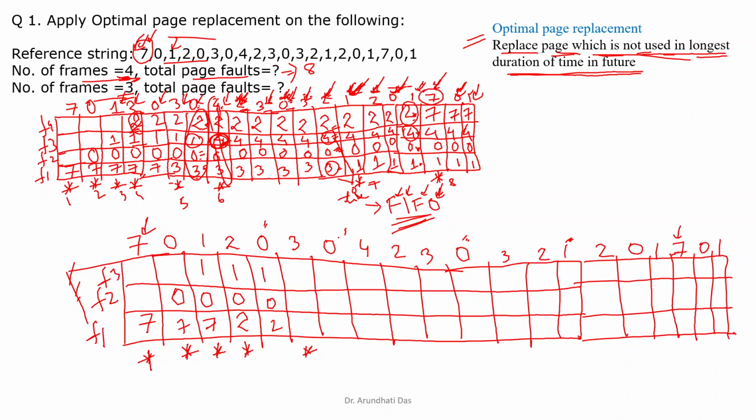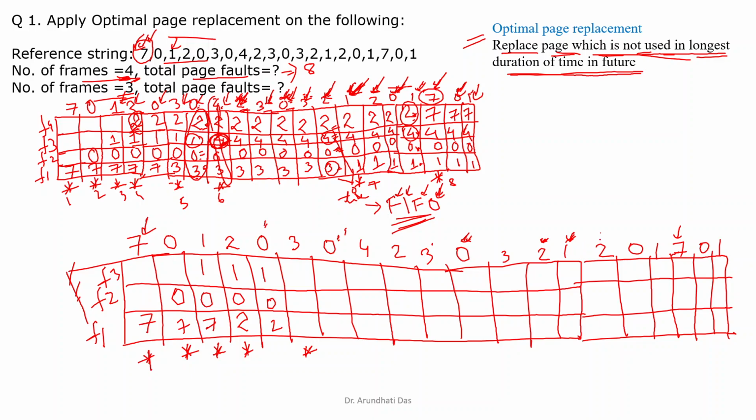Which one do we replace now? 0 is used in the near future, again 0 is used, then 2 is used here, then 1. So 0 will not be replaced, since it is there multiple times in the near future. Out of 1 and 2, which one will be used? 2 is used, okay, we will not replace 2. Then 1.